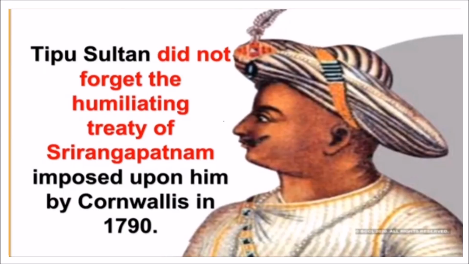Tipu Sultan did not forget the humiliating Treaty of Srirangapatnam imposed upon him by Cornwallis, in which he paid 3.6 crore of rupees as fine to the British, two of his sons were held as hostages, that is prisoners, and half of his kingdom was taken away.